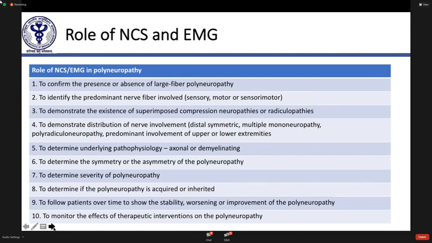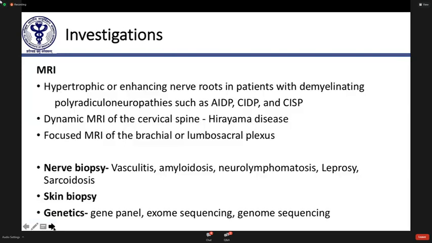So you may get a significant clue towards whether it is acquired or inherited. Sometimes you can follow patients for stability, worsening or improvement of the polyneuropathy, and monitor therapeutic interventions. These are the usual indications or utility of a nerve conduction study in a polyneuropathy.